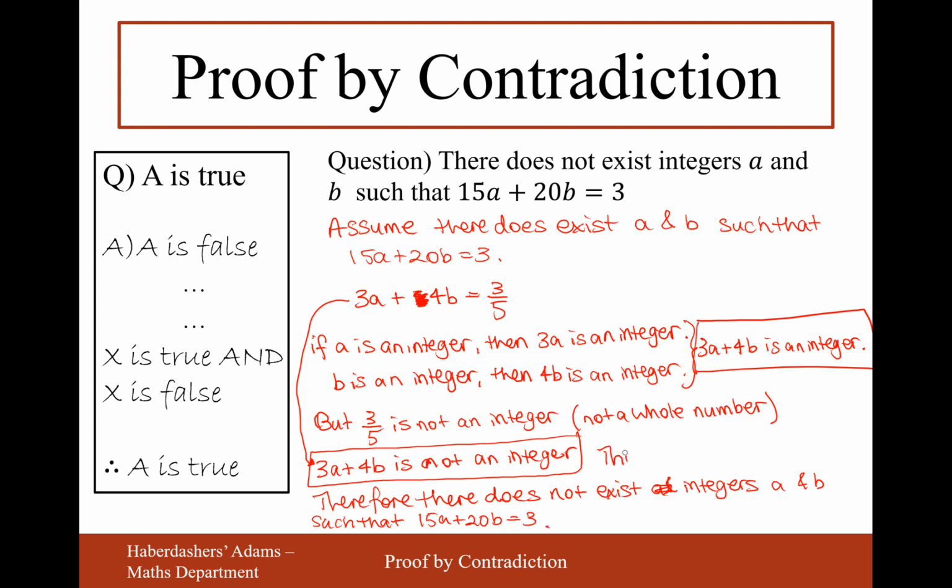This is a contradiction. It's always good to write the word contradiction when you're doing a proof by contradiction question. There we are, that's the answer to that question.